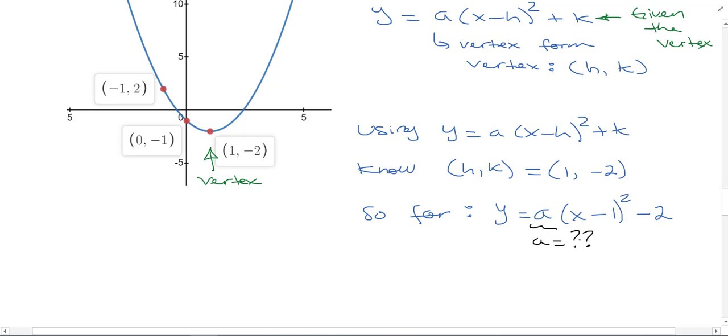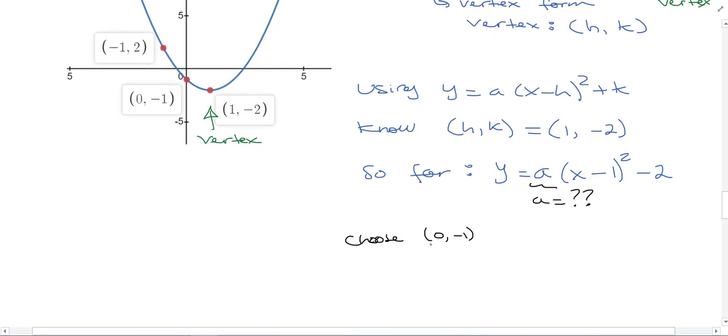So how do I find that? Well, I have two other points that I can use. Because 0 is nice, anytime I have 0 available, I'm going to use that as a point. So I'm going to choose the point 0, negative 1. Either point you choose to use should work, but just be nice to yourselves and pick the one with 0. So this is my x and this is my y.